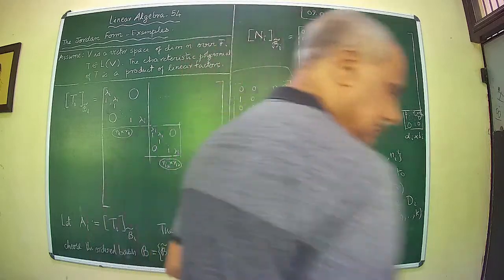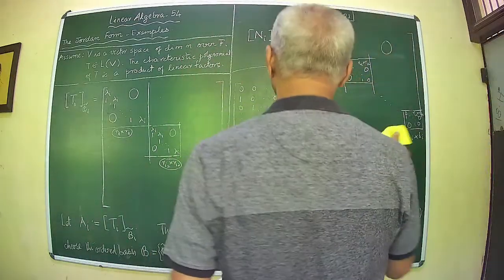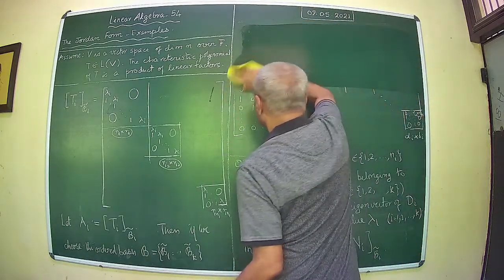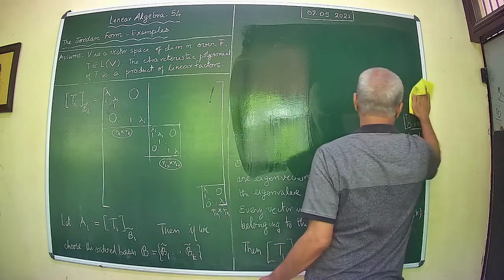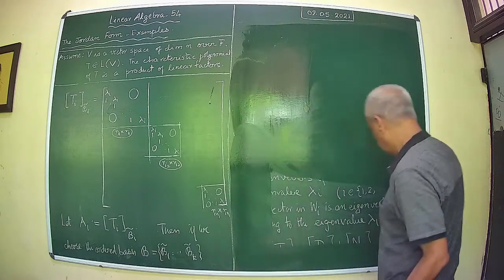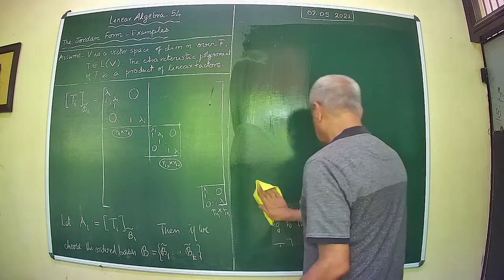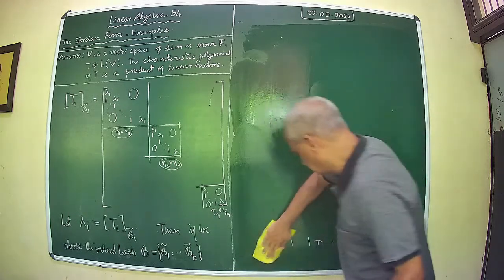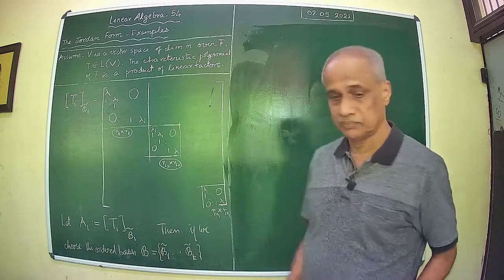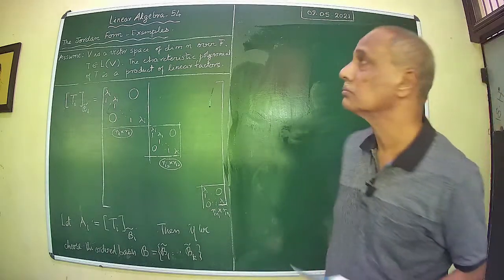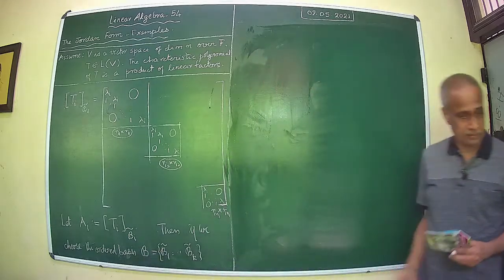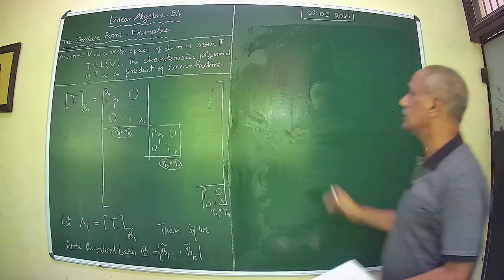We get the matrix representation for T would be emergent. Then what one gets is the following.